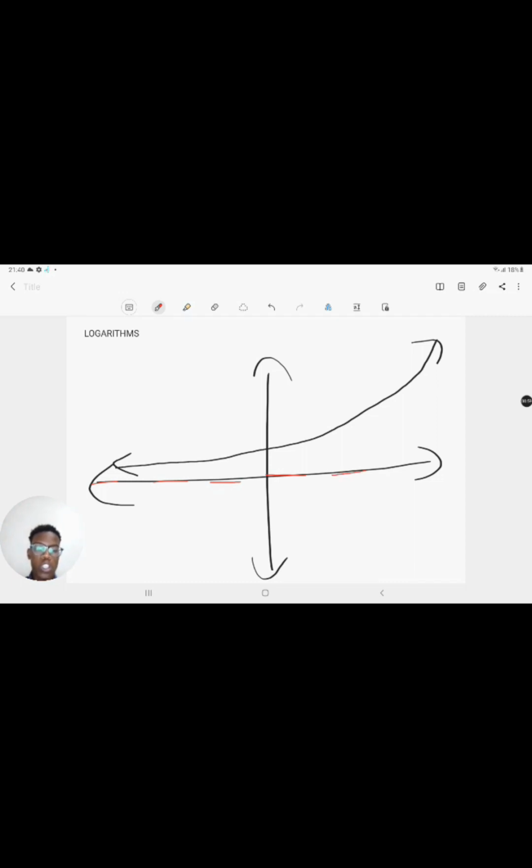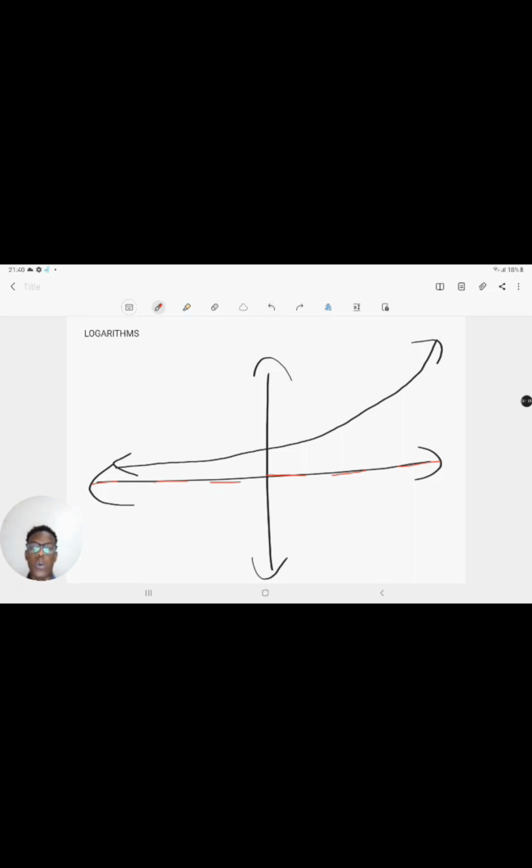Just to recap, an asymptote is an imaginary line that your graph never touches. It approaches the line, but it never touches it. You can see your exponential graph approaching the asymptote without actually touching it. That's what your asymptote is.